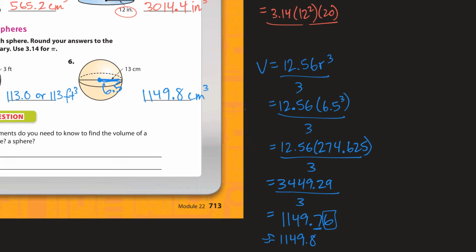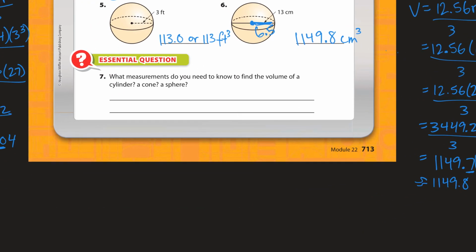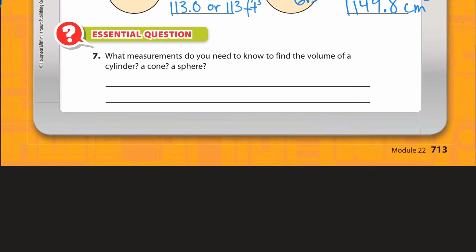Okay. And finally, what measurements do you need to know to find the volume of a cylinder, cone, and sphere? Well, for a cylinder, what do you need to know? You need to know the radius and height.